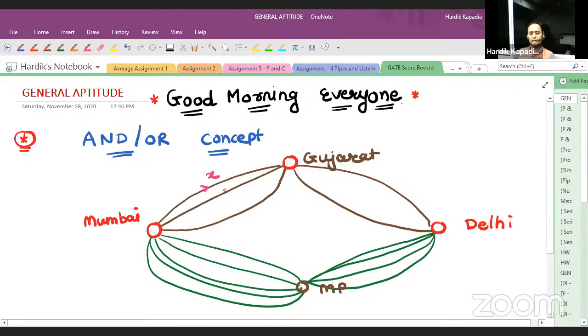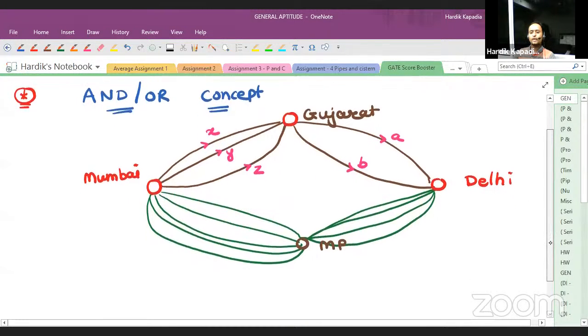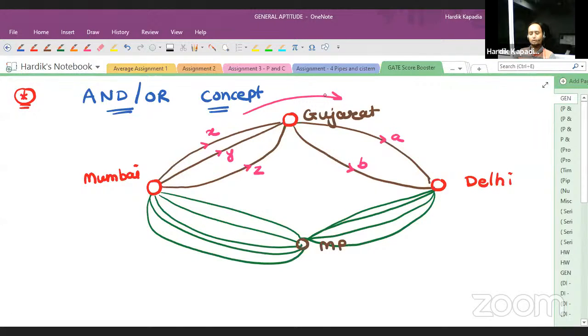Say I am giving names X, Y, Z to these roads, and A and B. If you want to go to Delhi from Mumbai, how many ways can you go? If you are going through this route, write down in the comment box: in how many ways can you go to Delhi from Mumbai when you are taking the route from Gujarat?